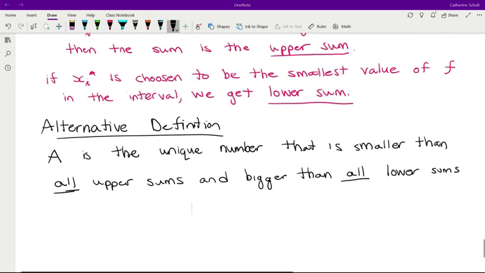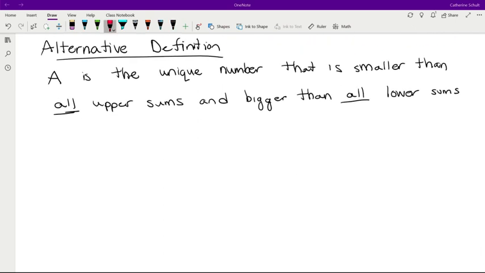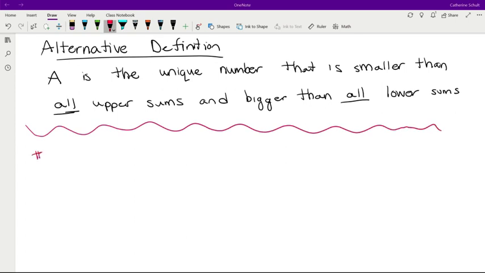Okay, so let's look at an example. We're going to number 22, and number 22 says, we're going to use the second definition to find an expression for the area under the graph of f as a limit. Do not evaluate the limit.